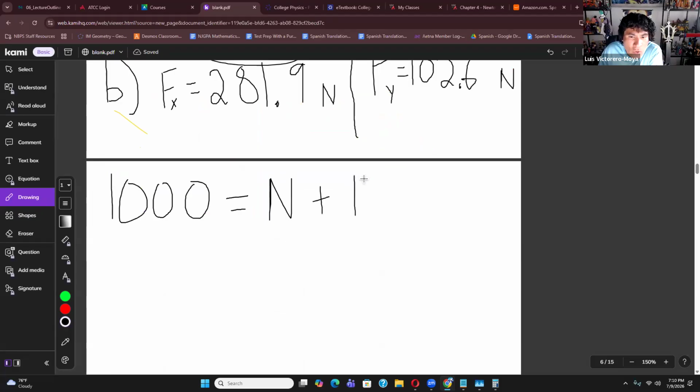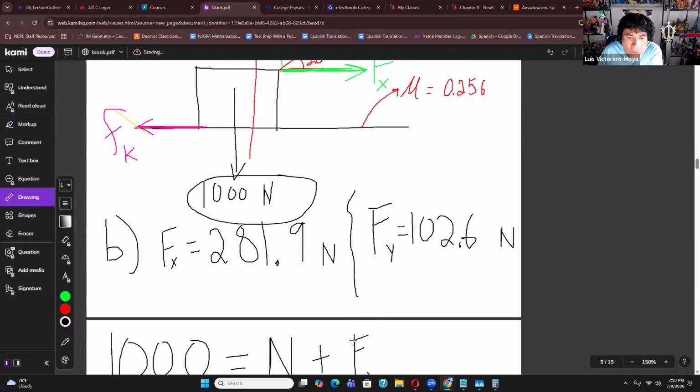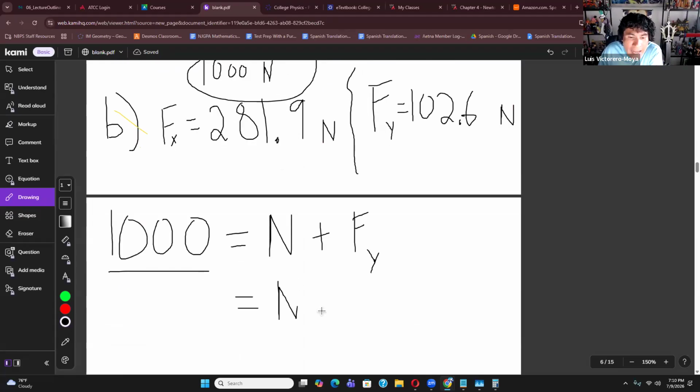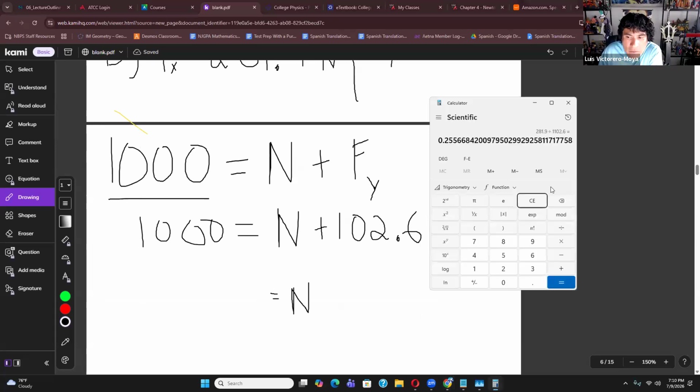That's equal to the weight. The weight is the only one going down. So what you obtain in this problem is that the normal is now less than the weight. Before it was 102.6. Now the normal is 1,000 minus this.